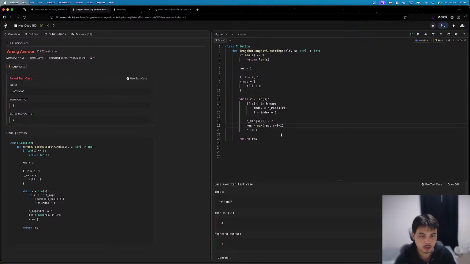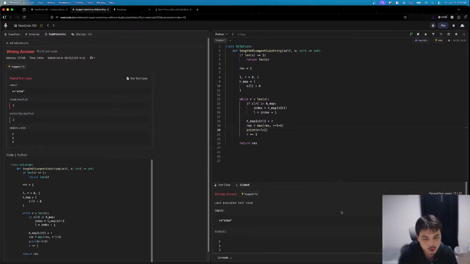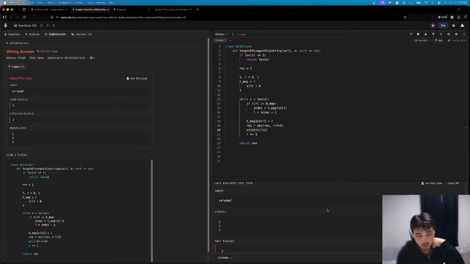Let's see. Int R minus L plus 1, 2, 1, 3. Expected is 2. R minus L 2.